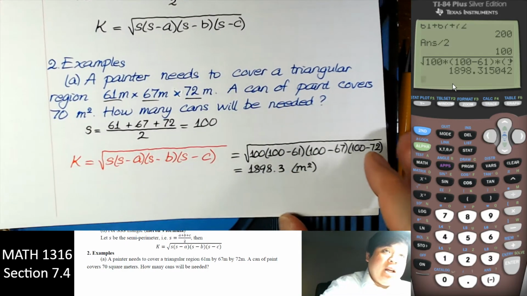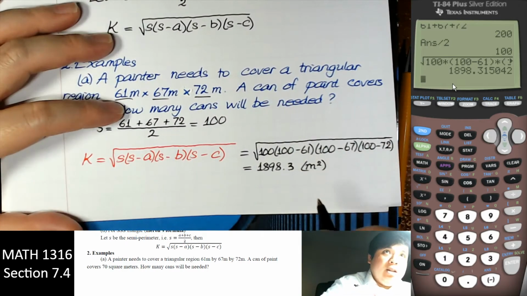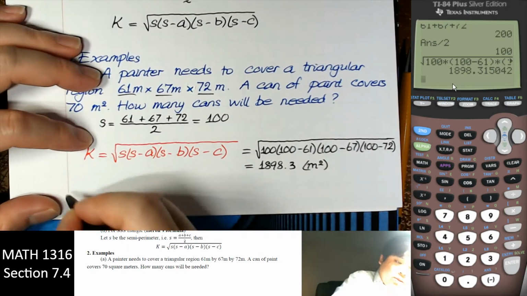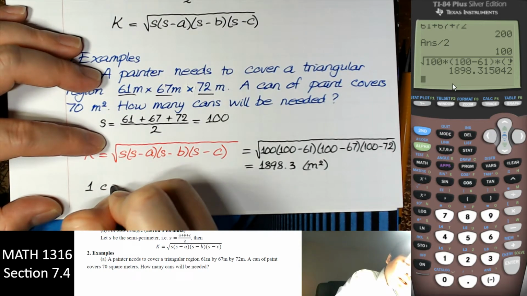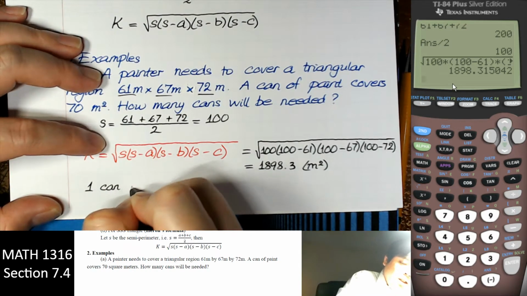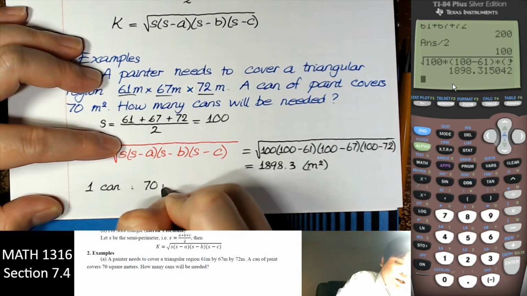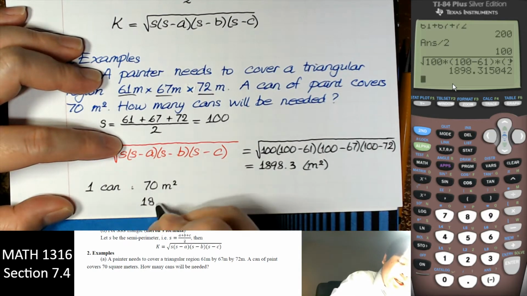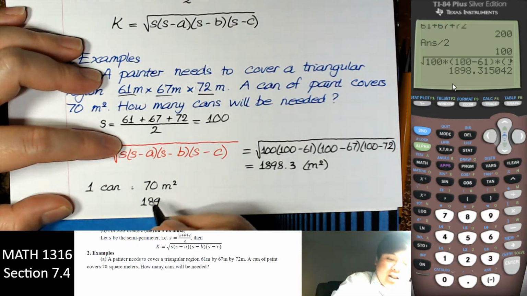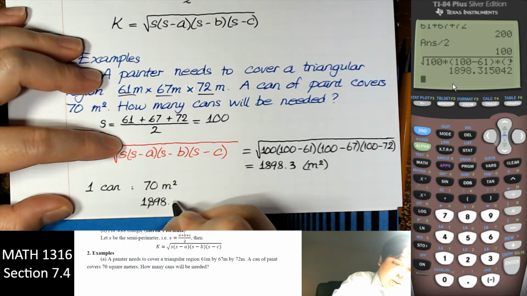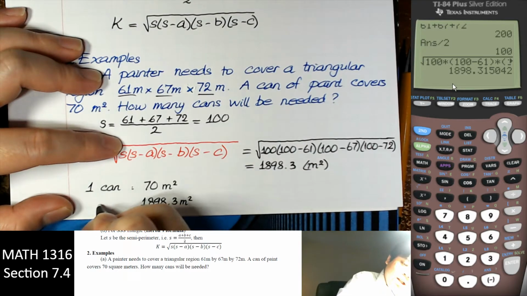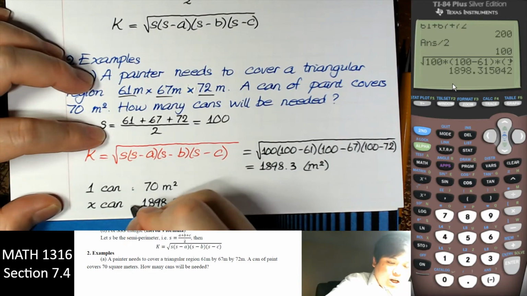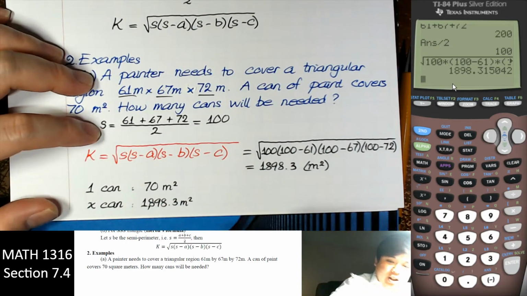The question is how many cans of paint will be needed. So 1 can covers 70 square meters. Then if we need to cover 1898.3 square meters, how many cans do we need? So that's just a ratio and proportion problem.